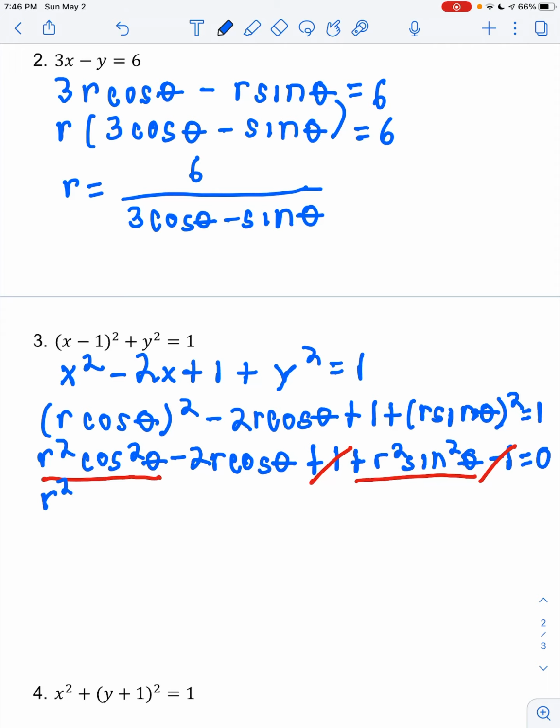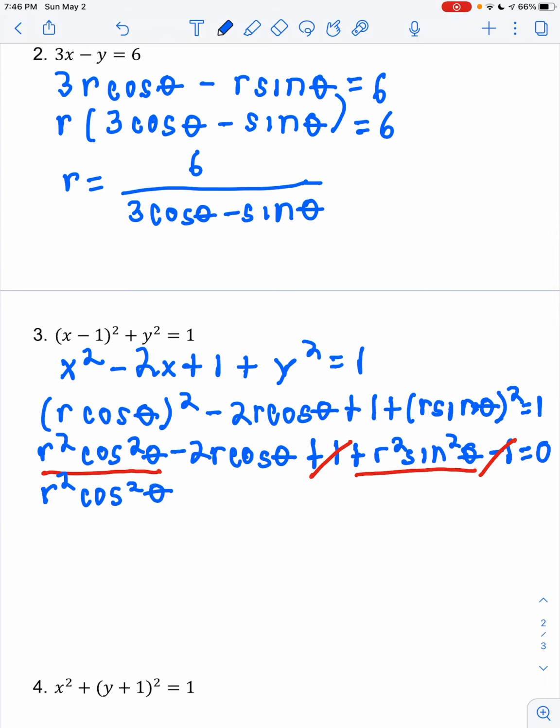I've got r squared cosine squared theta plus r squared sine squared theta minus 2r cosine theta equals 0.